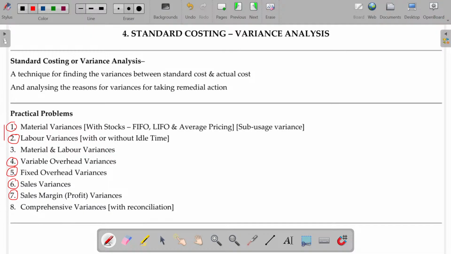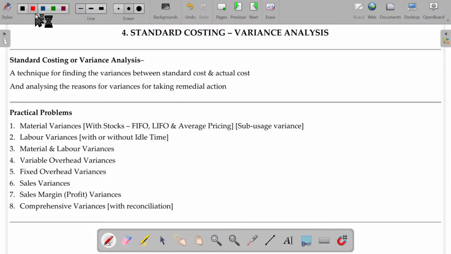Sometimes we may have 1 and 2 combined, called material and labor variances in same problem. Actually in an organization, they will have all the components, right? So we have to calculate what is the variances due to the material, labor, overhead, and price and all. If you are studying all these aspects and preparing that statement, that is called comprehensive variances, right?